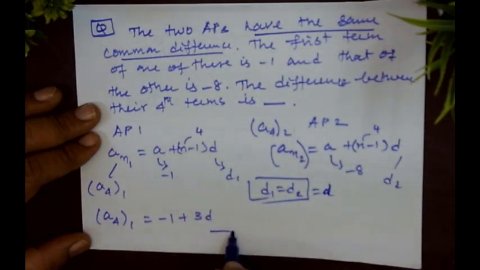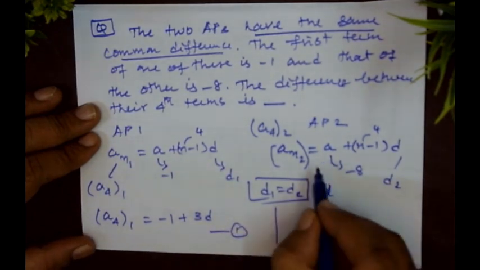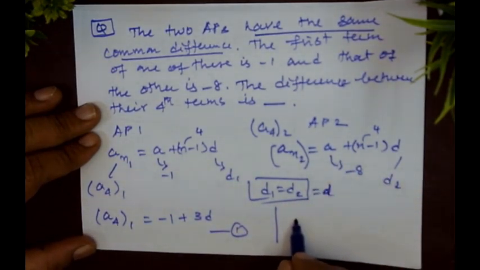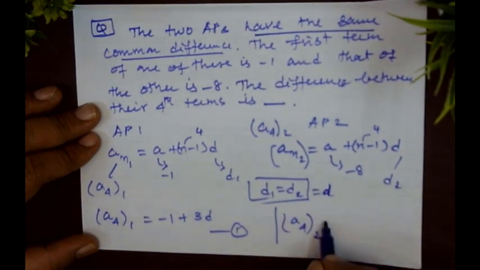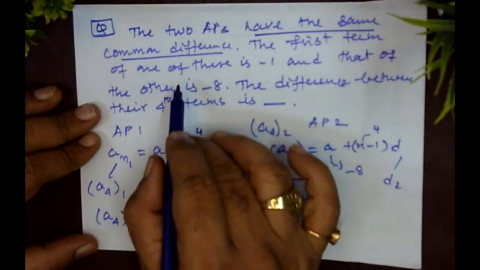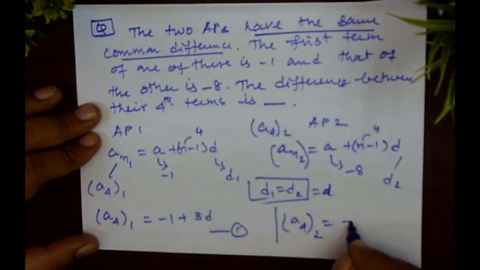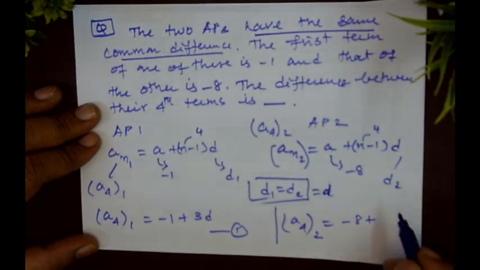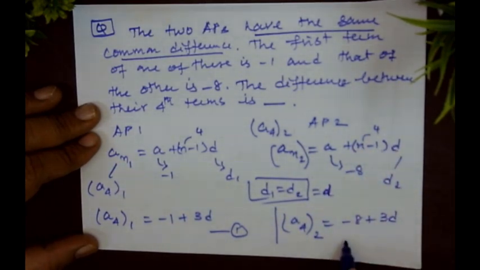Okay, so this is equation 1. And the fourth term of the second AP is equal to a, which is minus 8, plus n minus 1, 3d. So this is the second equation.